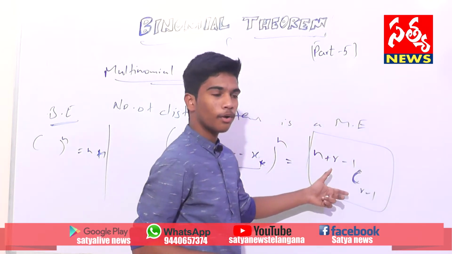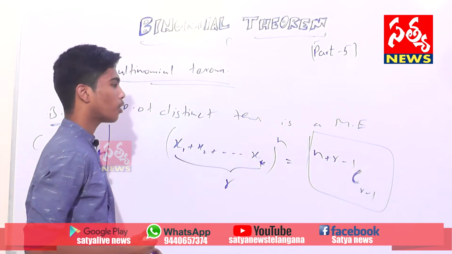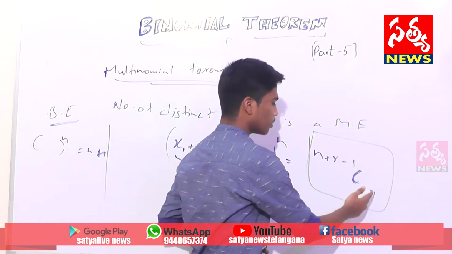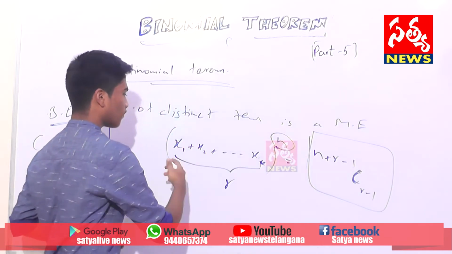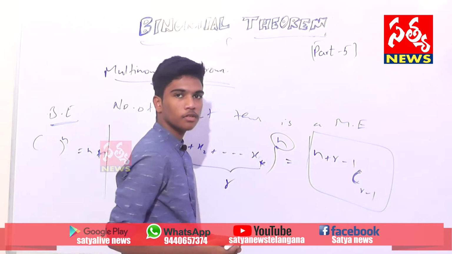This is how to calculate the number of terms in a multinomial expansion, where n is the power and r is the number of terms in the bracket.